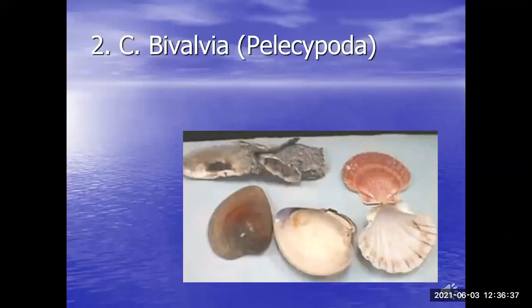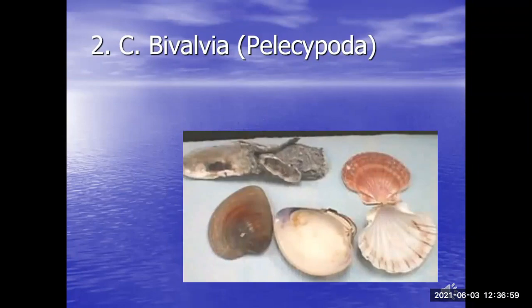Some examples are clams, oysters, mussels, and scallops that can't move around much. They're stuck in the sand. So they have to have a specialized means of feeding. They put out two tubes, what are called the in-current and the ex-current siphon. So here's a siphon. It's a tube. And it puts it out above the sand.